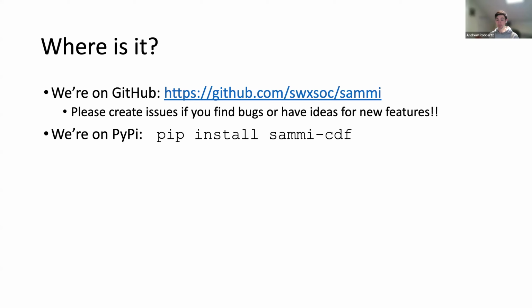And we recently just minted a DOI for the first version of our package. So if you use SAMI and you are interested in giving attribution to the package and Maxine and I and our organizations, feel free to, or don't feel free, please. I'm not going to force you, but please do cite that DOI.